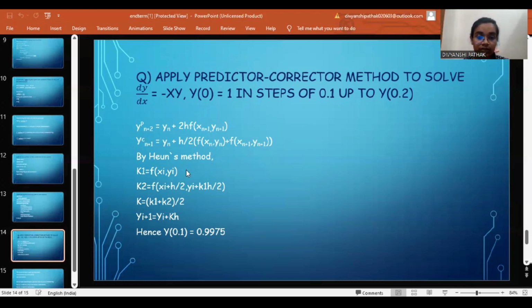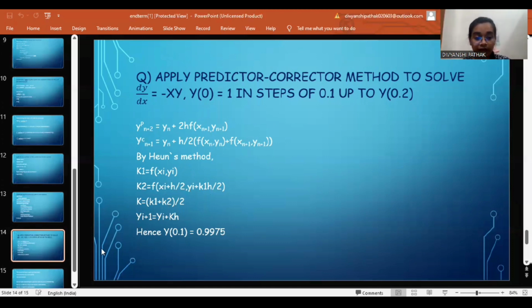And by Heun's method, k1 is f within the bracket xi and yi, k2 is the function with two parameters xi plus h by 2 comma yi plus k1 h by 2. Now to evaluate the value of k, we will take the mean value of k1 and k2 which is k1 plus k2 upon 2. Now y i plus 1 equals y i plus kh.